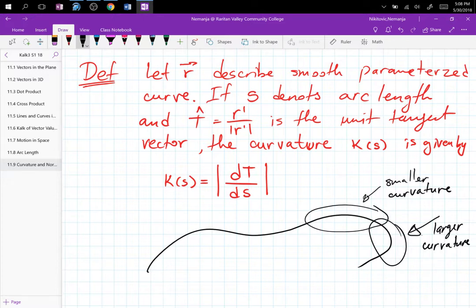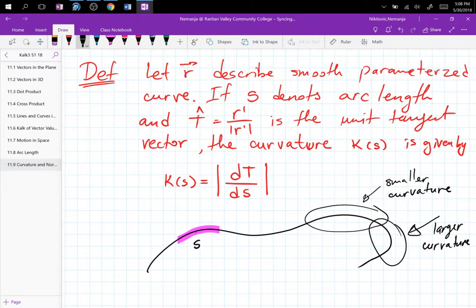Now, what are the concepts here? Let's take just a small part of this function. I'm going to highlight a small part of this function and say that that's my arc length S that I'm considering for curvature.